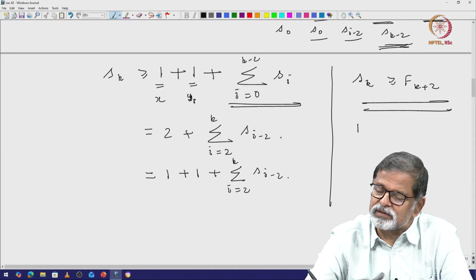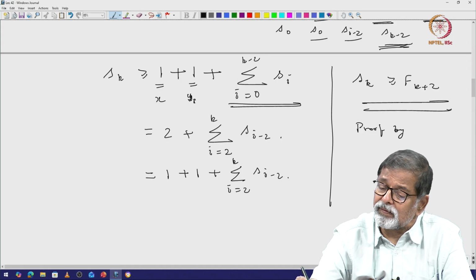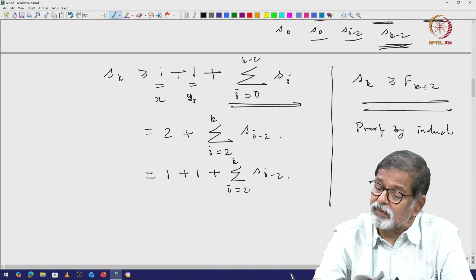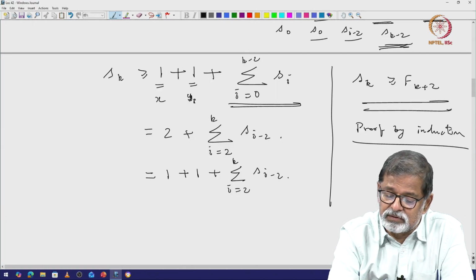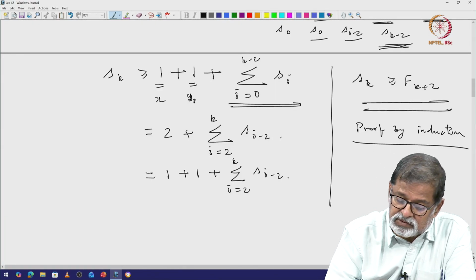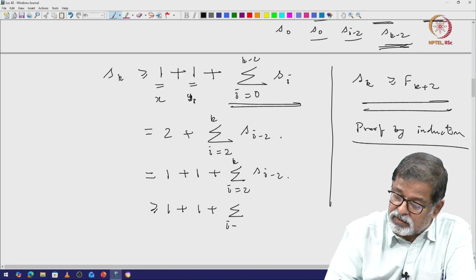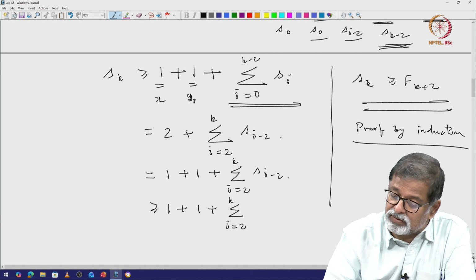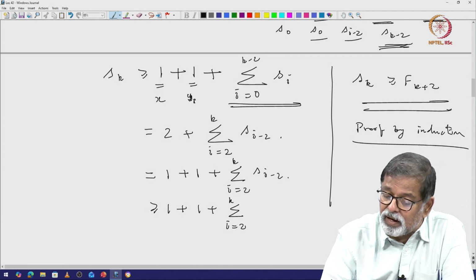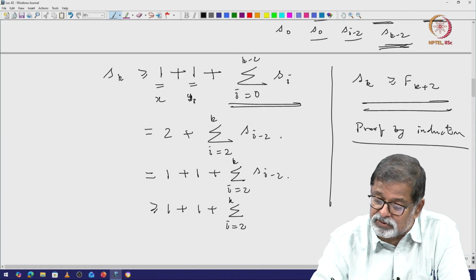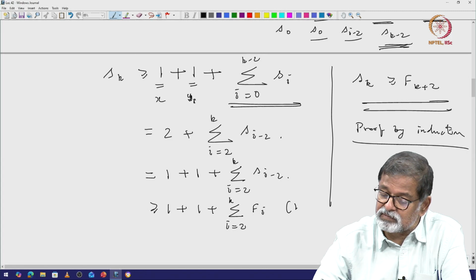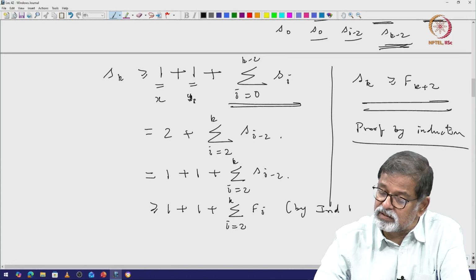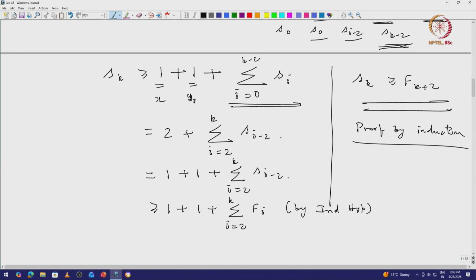Again, the proof is by induction. So this is greater than or equal to 1 plus the sum of i equals 2 to k of S(i-2), which is greater than or equal to Fi by induction hypothesis.